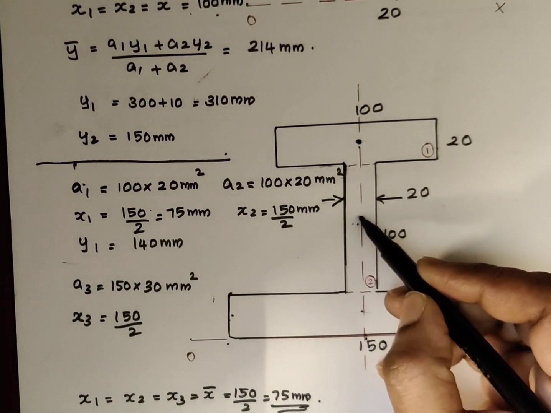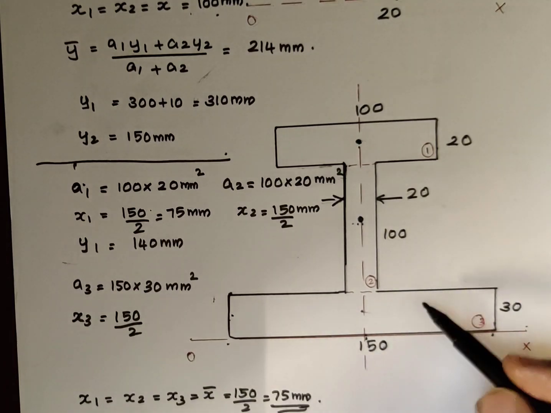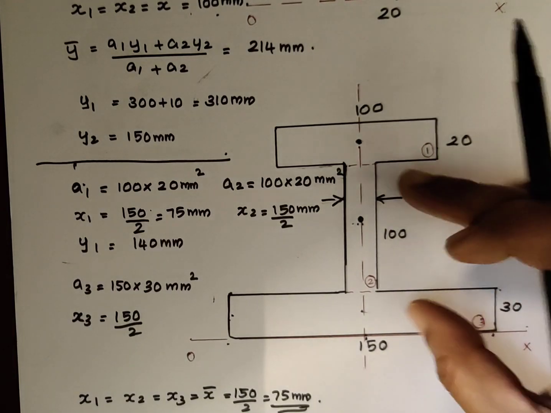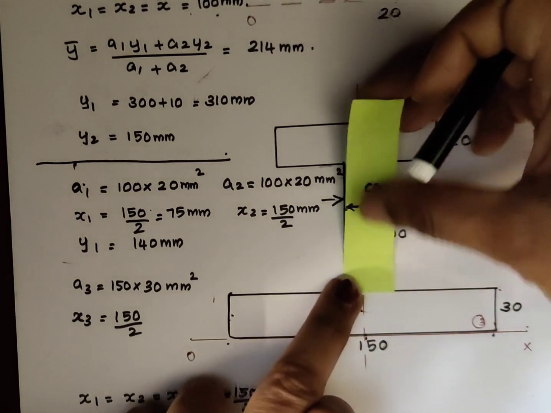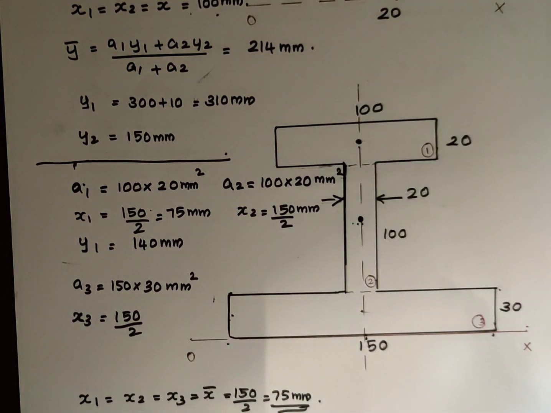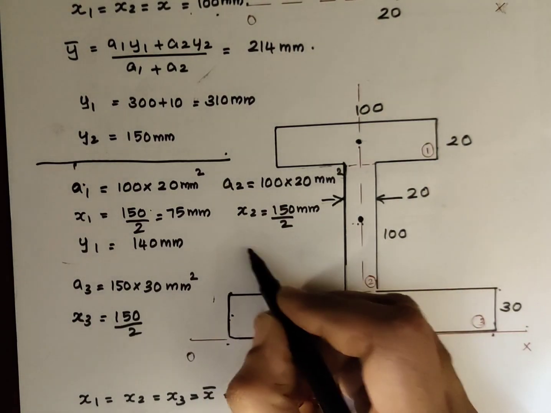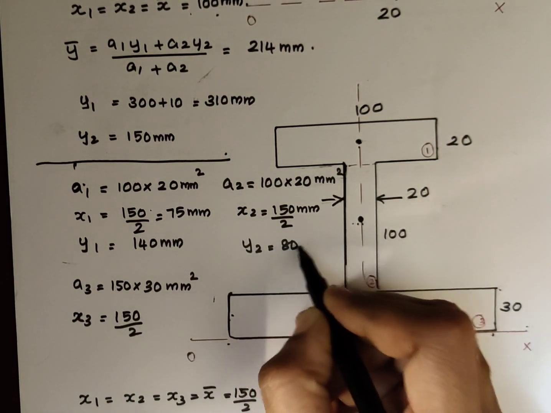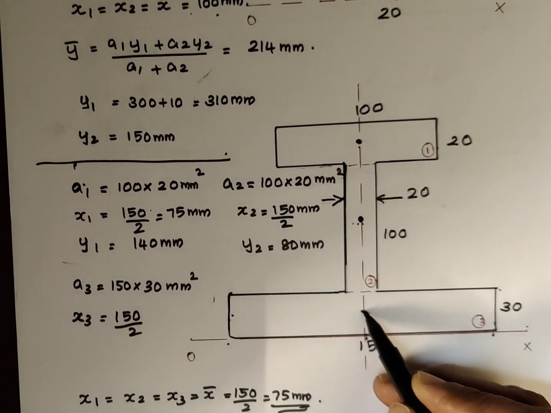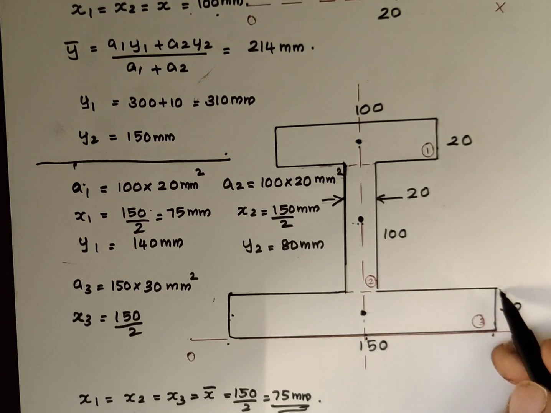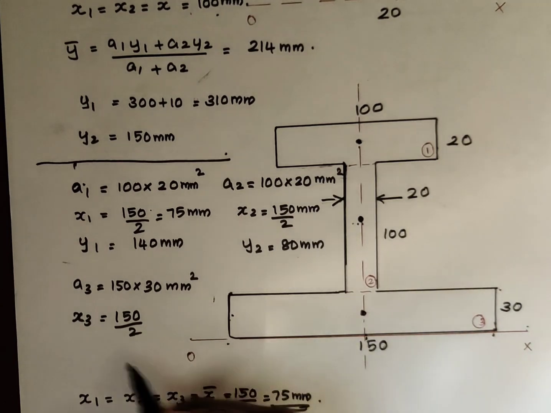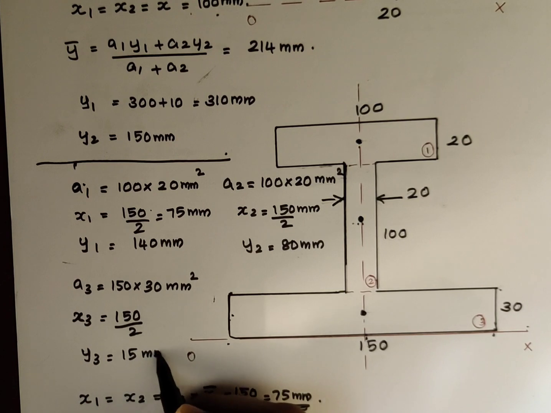Next is y2. The centroid of the second rectangle is assumed here. This length is 30 and this length is 100, so half of 100 is 50. 50 plus 30, so y2 is equal to 80 mm. And now the centroid of the third rectangle is assumed here. This length is equal to the total depth by 2. So y3 is equal to 30 by 2, that is 15 mm.